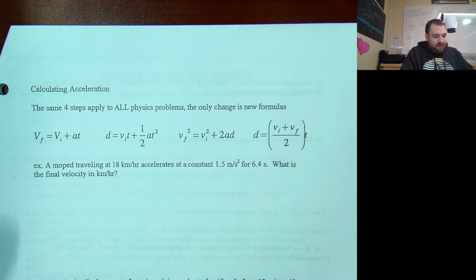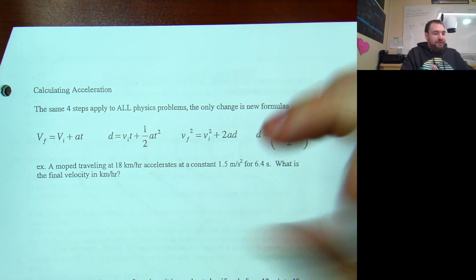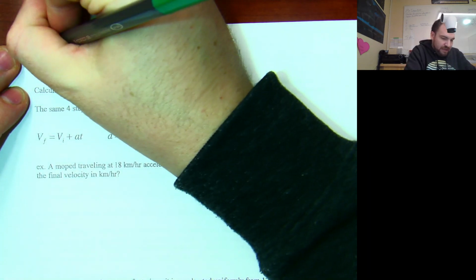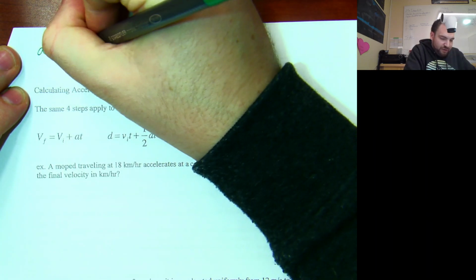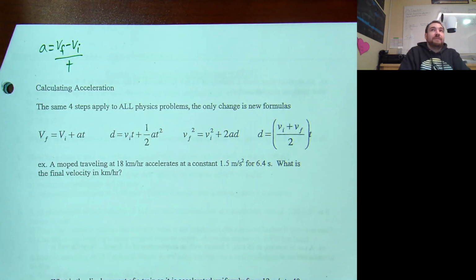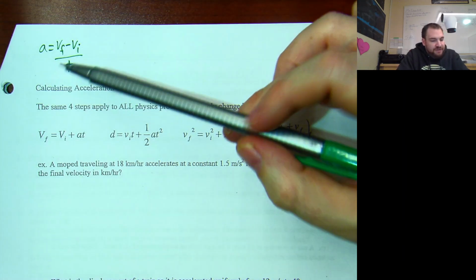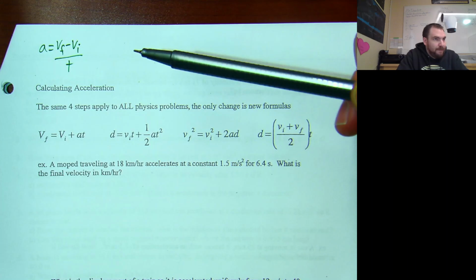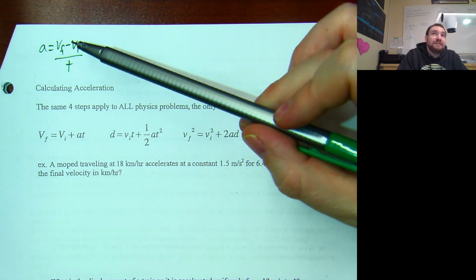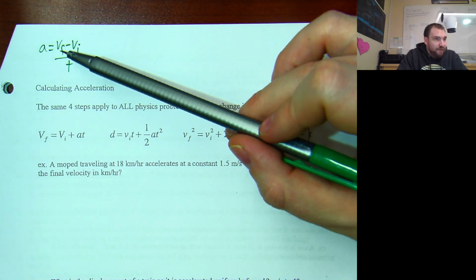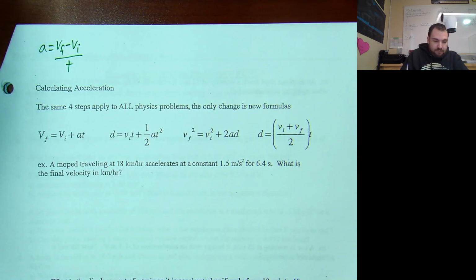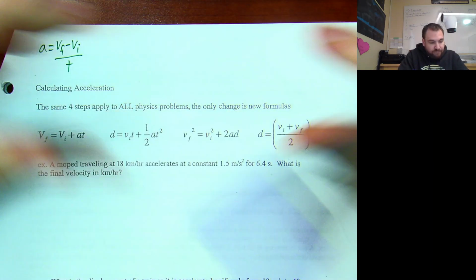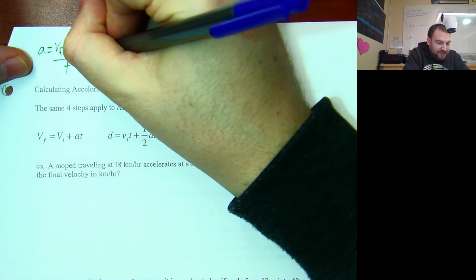Okay. First one is this guy here. So I'll start with our original definition. We said acceleration was a final velocity minus your initial velocity divided by how long it took you to make that change. This is the definition for acceleration: a equals vf minus vi over t. What happens if I solve this for vf?